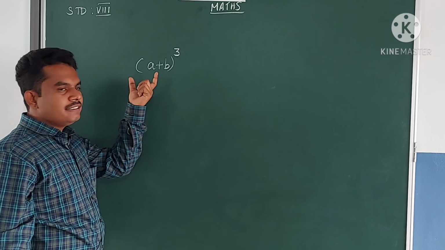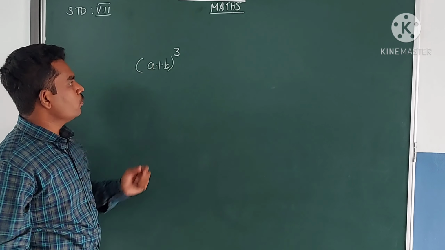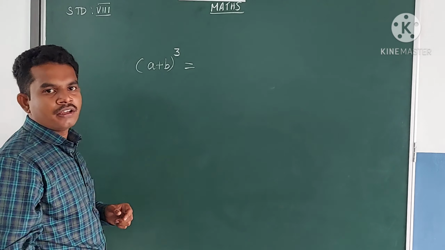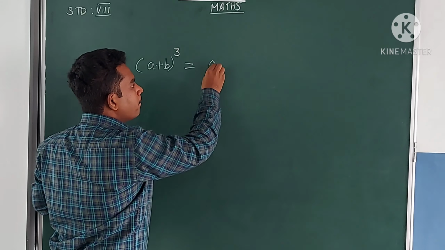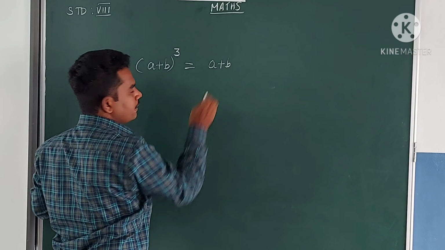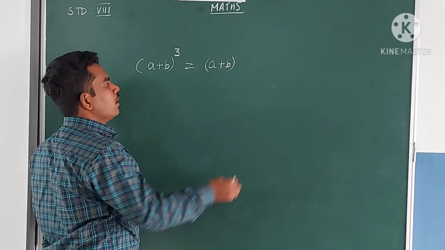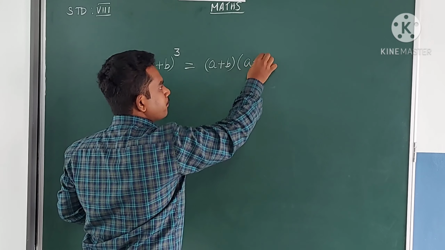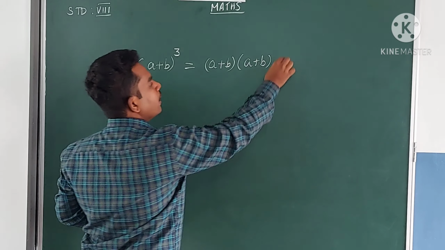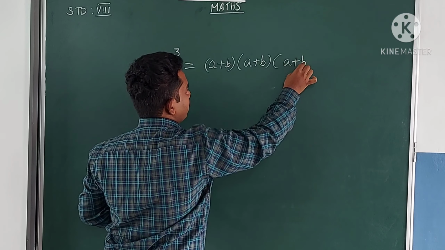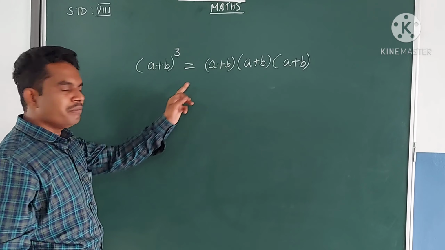So, I write a plus b whole cube equal to a plus b, a plus b, a plus b. That was the meaning.